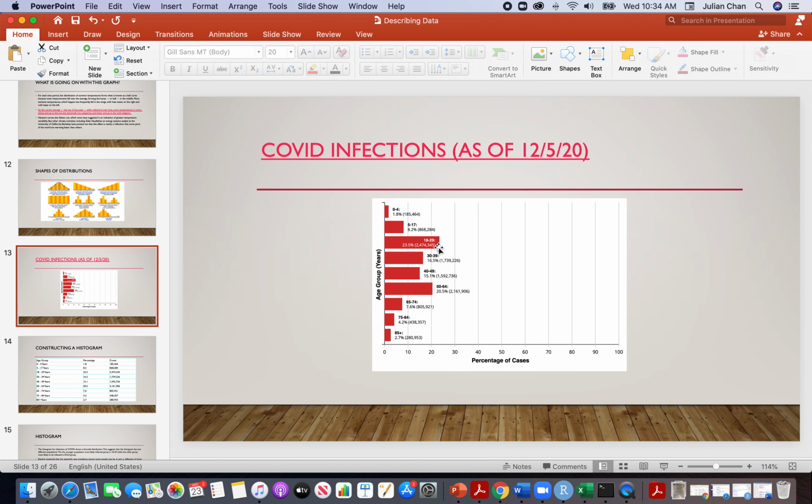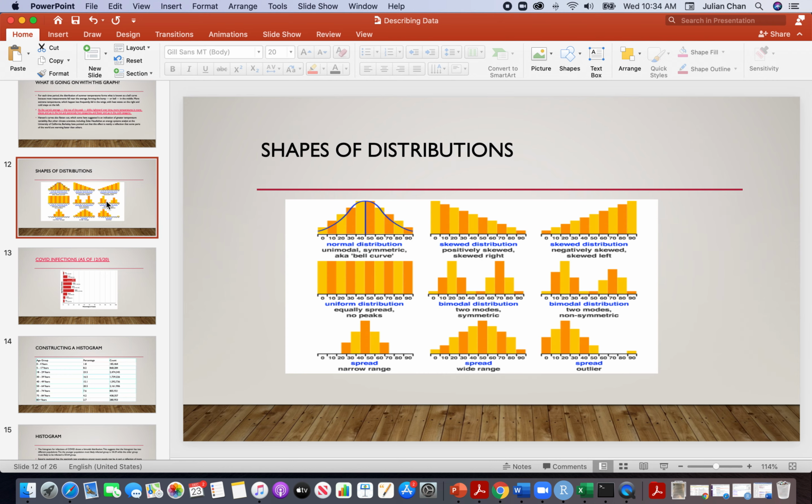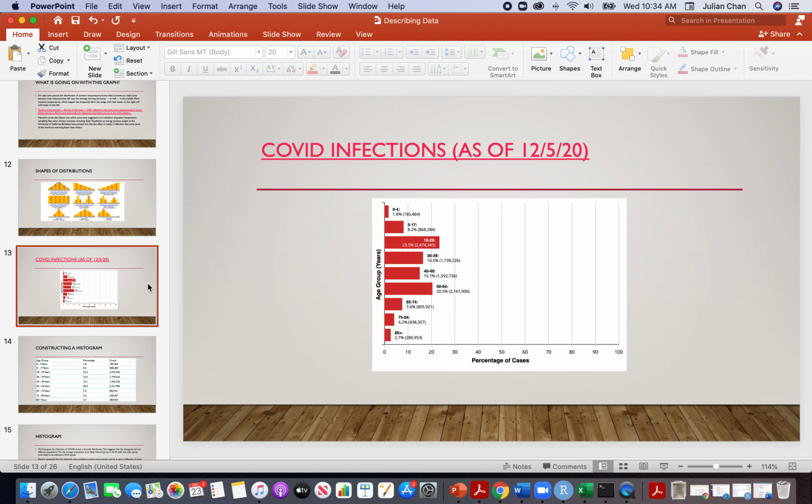Then it goes down, then it goes back up from 50 to 64, and then it starts going down. This indicates it's bimodal. If we look at this distribution, there are two different populations right here, and the two populations would be younger versus older populations.